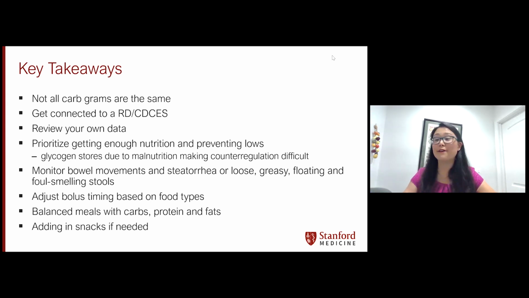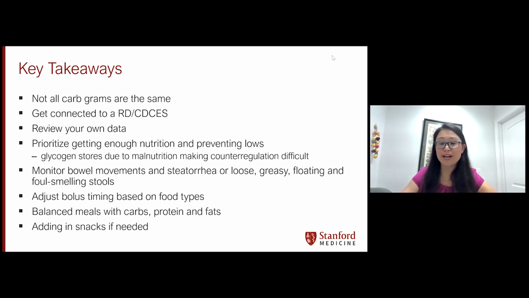For example, maybe if someone doesn't have a continuous glucose monitor, are they waking up in the middle of the night with sweaty sheets or cold and clammy? Maybe that's an indication that their blood sugar has been low at night. And then in that case, we could think about what that nighttime blood sugar looks like, involve the doctor, and problem solve that together. And that would be a really great case to try to advocate for a continuous glucose monitor.